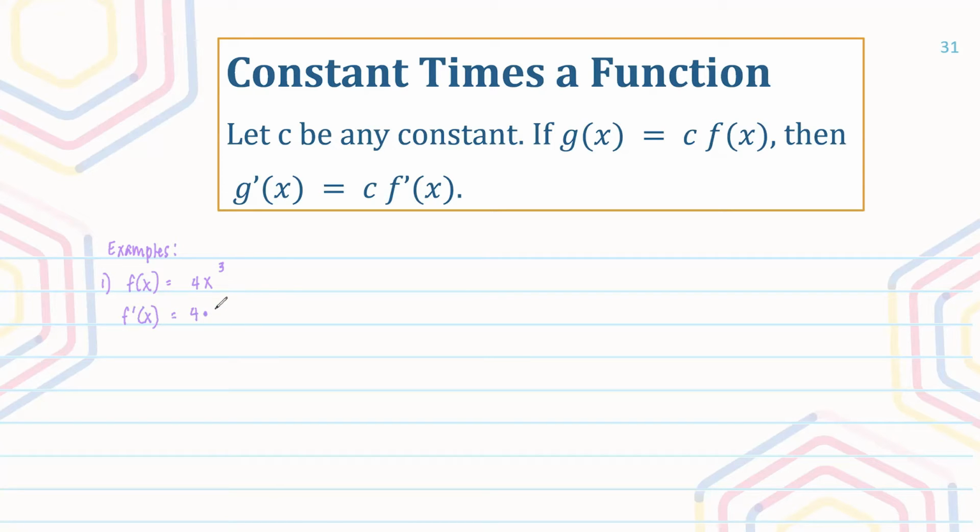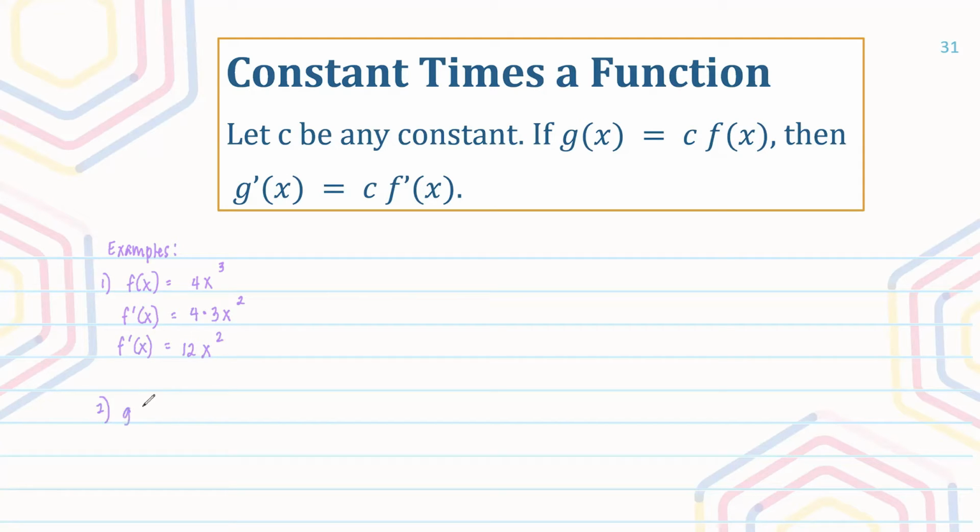Now, x cubed, following the power rule, we have here 3x squared. Alright, so multiplying, we have 12x squared, and that is the derivative of our function.